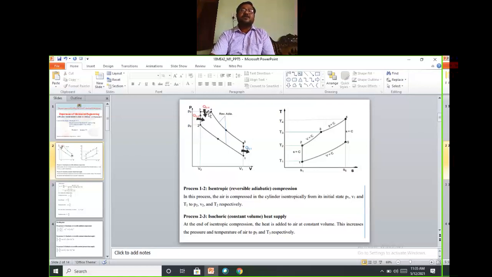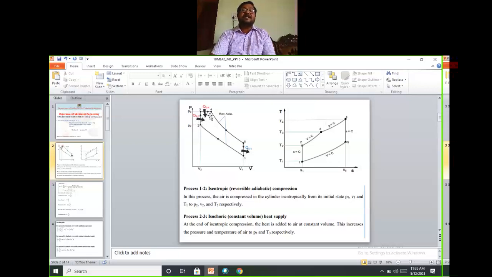Q3 to 4 is the constant pressure heat addition process. Some part of the heat is added at constant volume, some part of the heat is added at constant pressure.